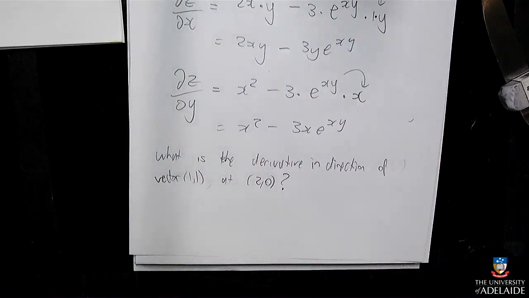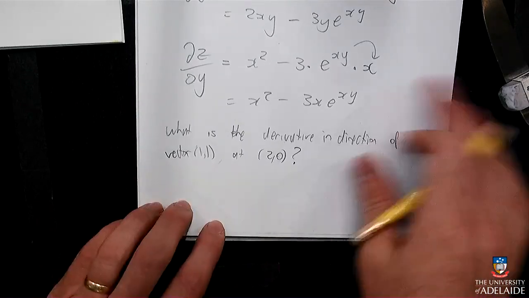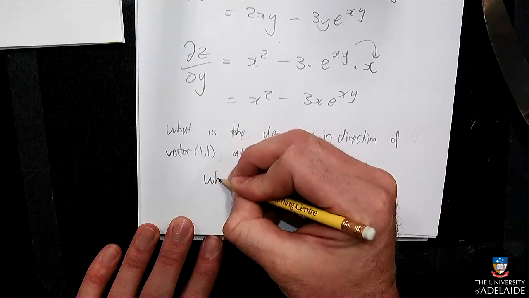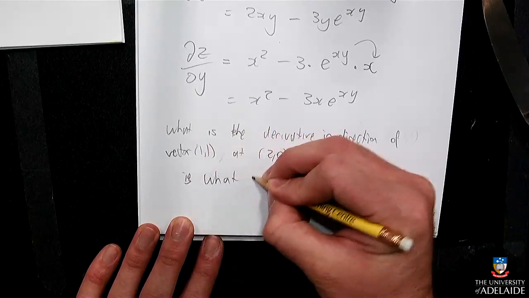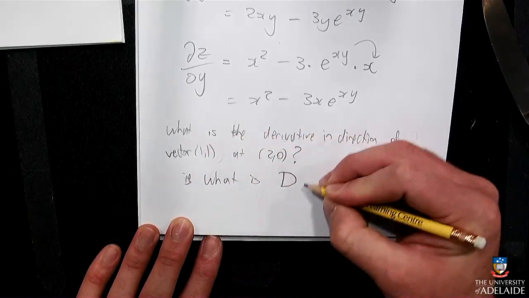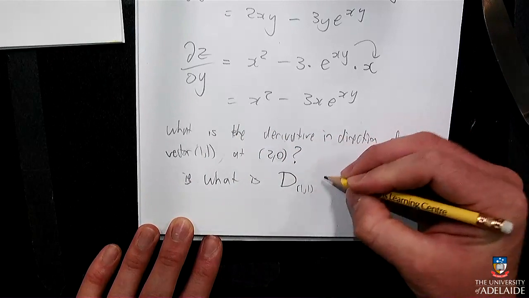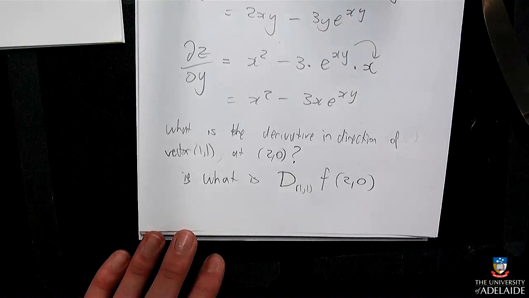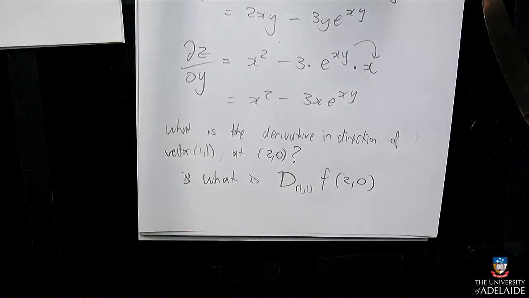So let's go. What was the notation for this? Capital D and then a sub with the direction, and then the point, and then the f. So the notation for this is: what is the directional derivative in the direction of 1, 1 of f at the point 2, 0. Is that how your lecturer wrote it? I know the grad is there.